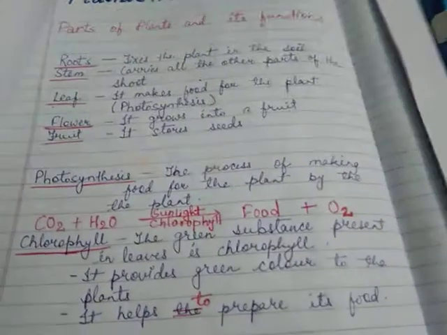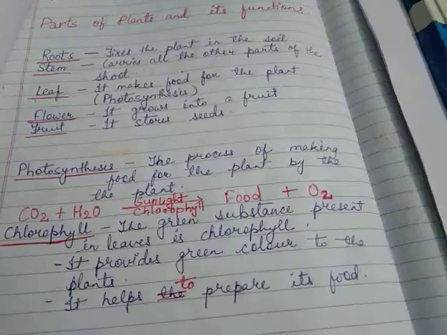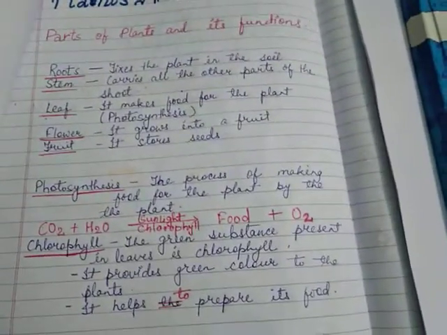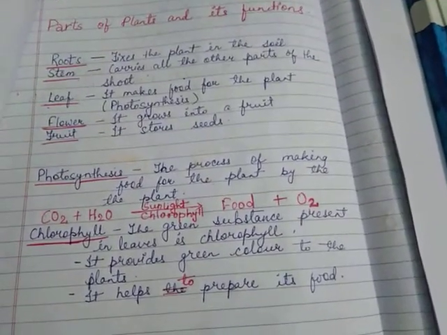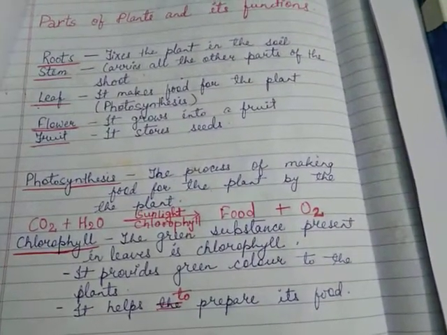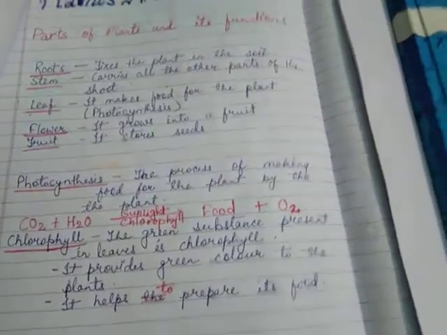Like when you eat a mango, you find a seed that we used to call gutli. This gutli is the seed of the mango, and when you put it inside the soil, a new plant may arise with the help of this seed.